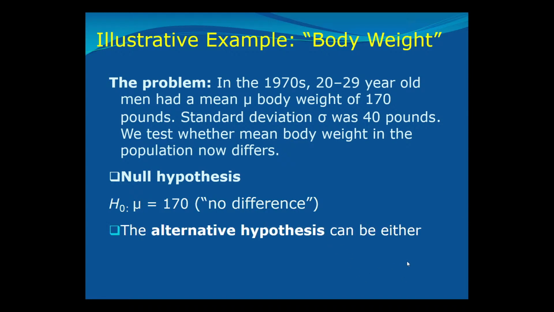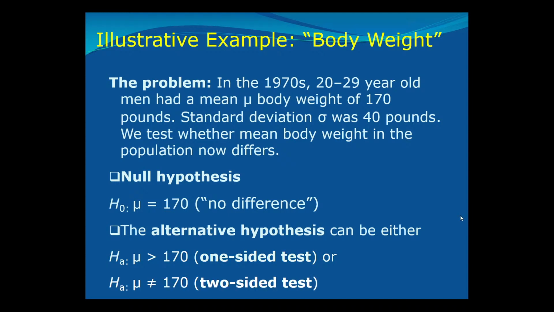The alternative hypothesis is the next one. Mu is greater than 170, or mu not equal to 170. If we are interested in direction, we should type a mathematical sign, greater or less. If we aren't interested in direction and need to understand only difference, it doesn't matter with direction.